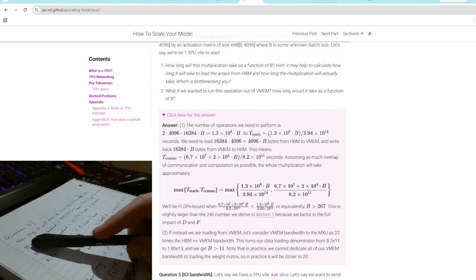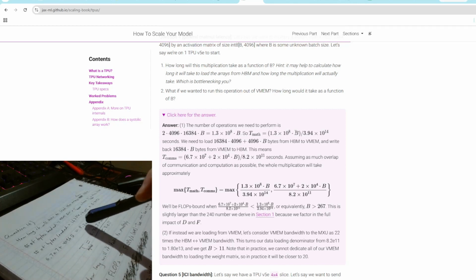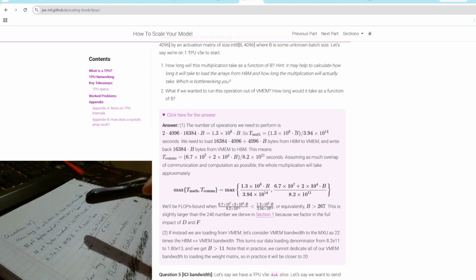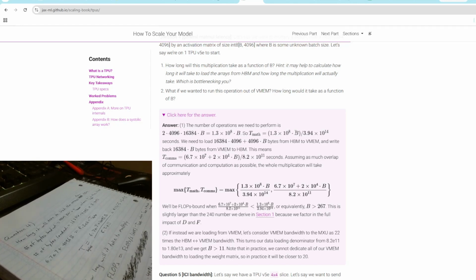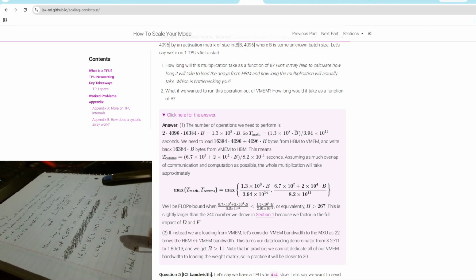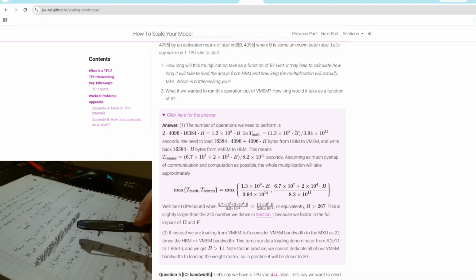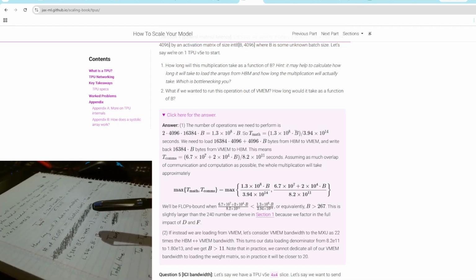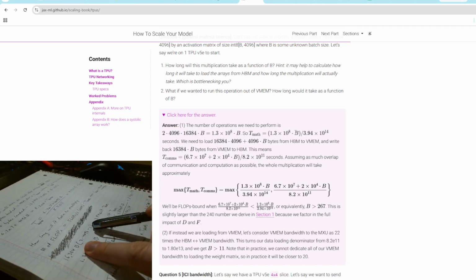So the number of operations we need to perform is 2. Where's that 2 coming from? Oh, okay. So they're looking at this first. We added the -1, but same thing.